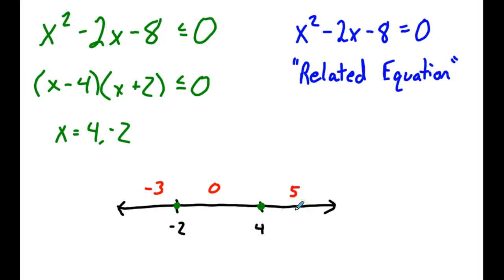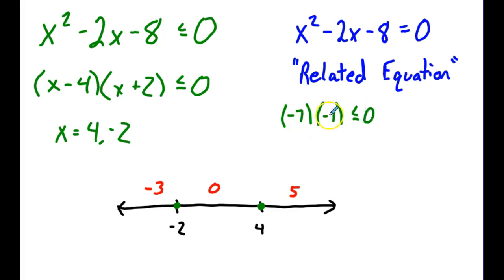Now we have to check each of these points, plug them back into the original inequality, and see if it gets us a result that is true. So if I plug negative 3 in, I have negative 3 minus 4, which is negative 7, and then negative 3 plus 2, which is negative 1, less than or equal to 0.